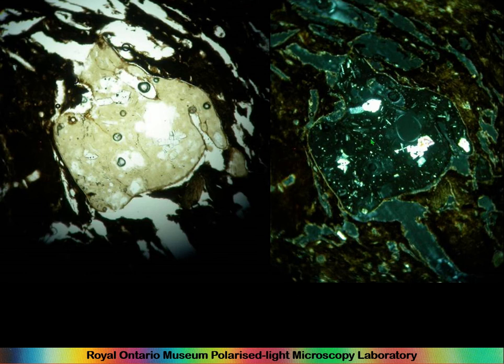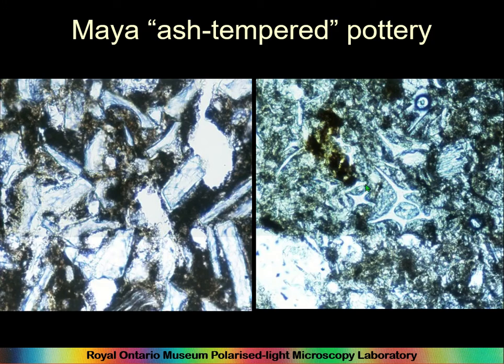For instance, in the Tigris-Euphrates basin, we get a lot of volcanic glass. Here's the famous Maya ash-tempered pottery. You can see this. These are all fragments of volcanic glass, which are thought to be the remains of ash fall from volcanoes. And you'll be finding more about that in next term.